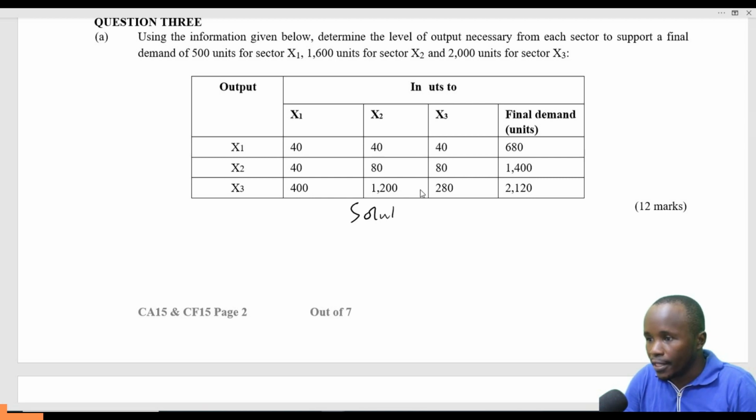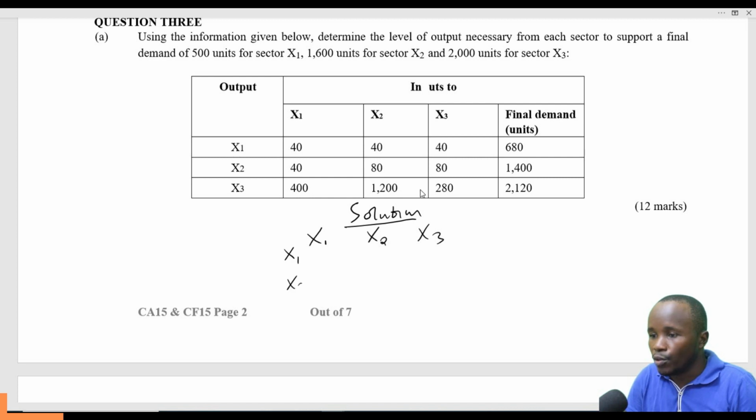Once you get your matrices right, the next step is getting the technological matrices. It's very simple. You have already been given the format or how your matrices should look like. This is X1, X2, X3. We have also X1 on this side.